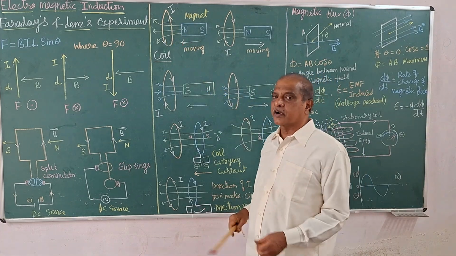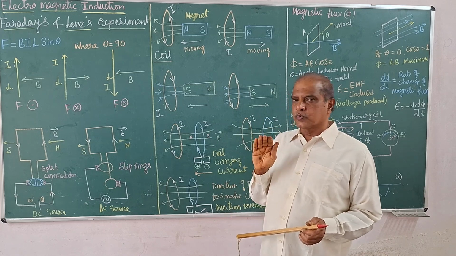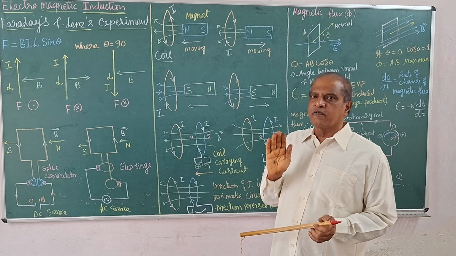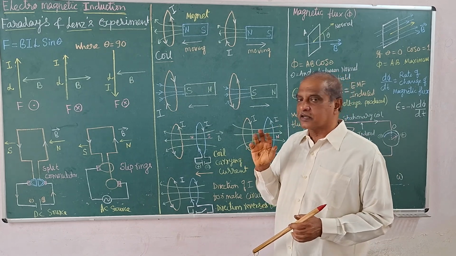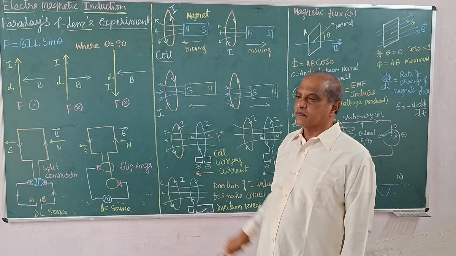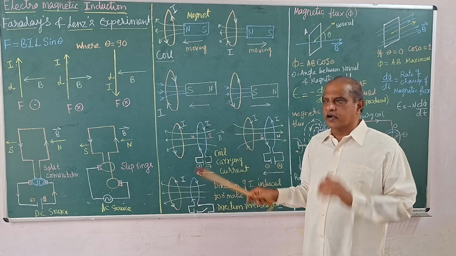That is called electric current. The voltage induced in the conductor is the one which drives the electric charges in the conductor. That is called electric current. Voltage is a push which drives the electric current.